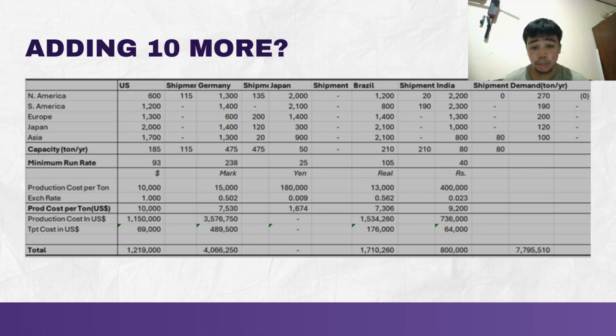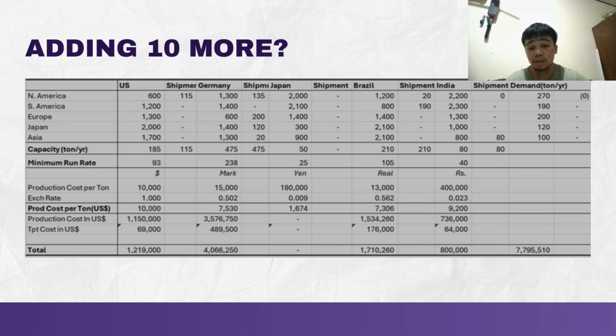So in the data that we provided, we added 10 more tons in the Brazil plant. And this is because Brazil has the lowest production cost. Brazil is already heavily used, and extra Brazil output replaces expensive production from other countries such as the United States and India. And the transportation costs stay competitive. So Brazil serves a high demand region and no new constraints are violated.